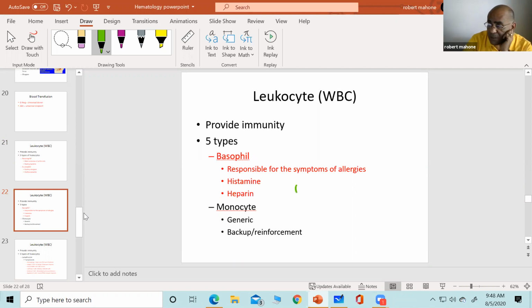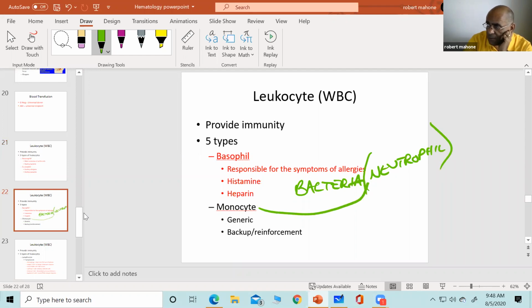So if it is a bacteria and your basophils or your neutrophils are losing the battle, these things get called in to help with that bacteria. But it takes a long time for them to reproduce. So what that means is that you've had this bacteria in your body for a while.